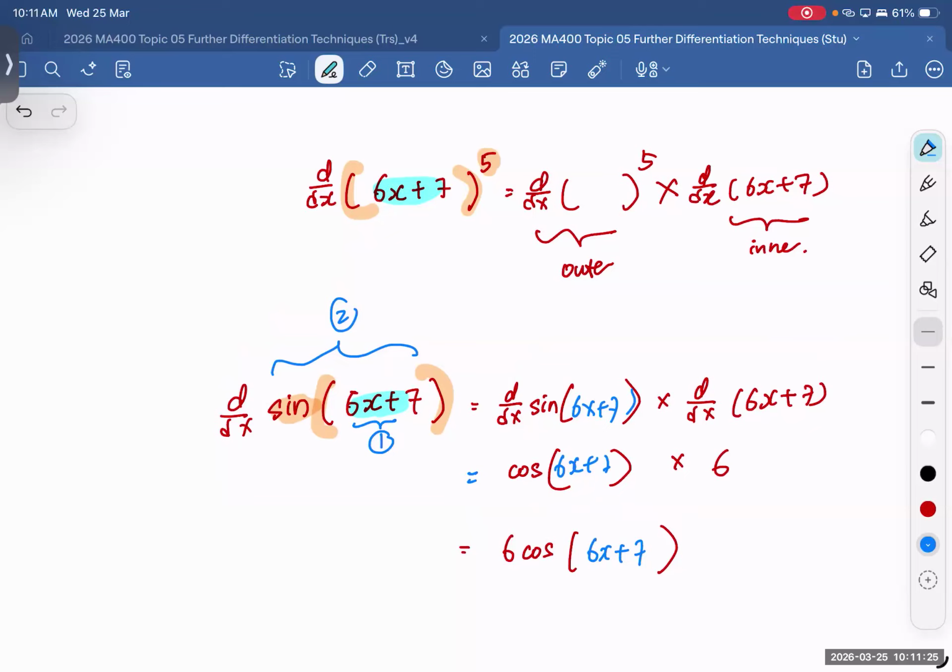Joshua, differentiate sine 2x. Ethan Tong, differentiate sine 3x.